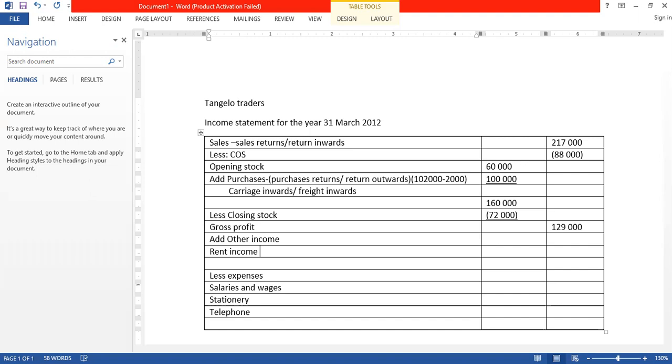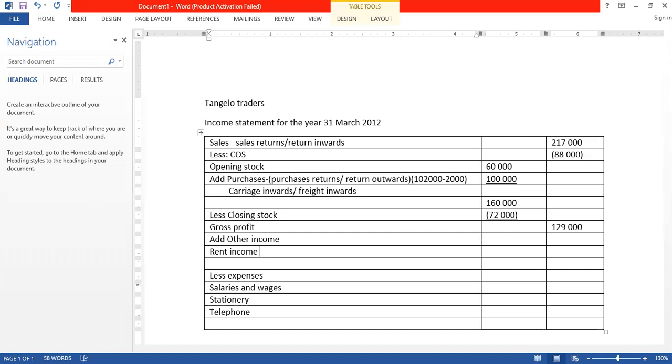So, come December, let me say you own flats, you realize that one of your tenants did not pay their rent for December. You will still need to record that rent as accrued income. The income belongs to this current year, so it needs to be part of the financial statement.